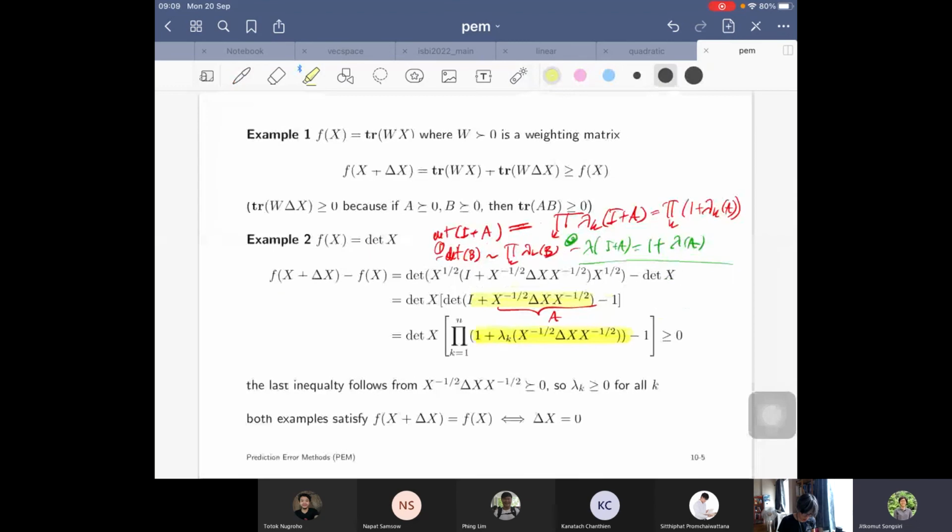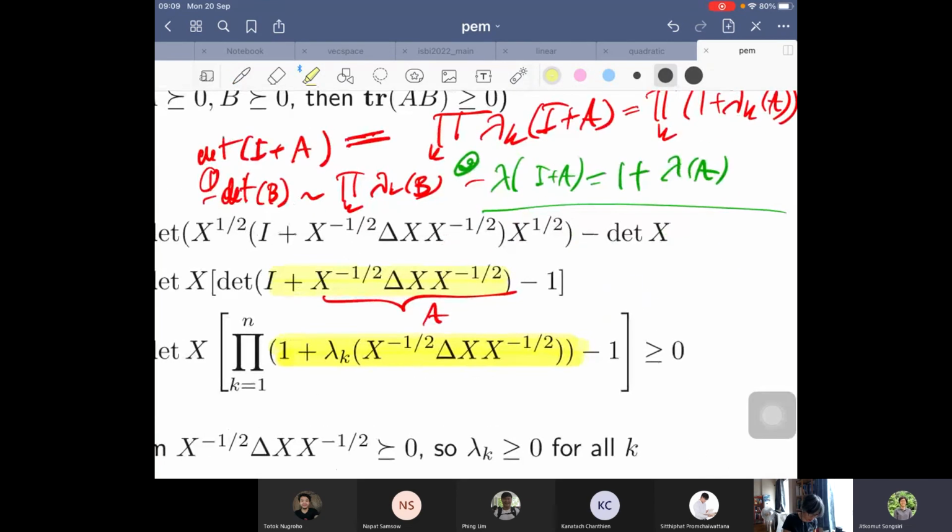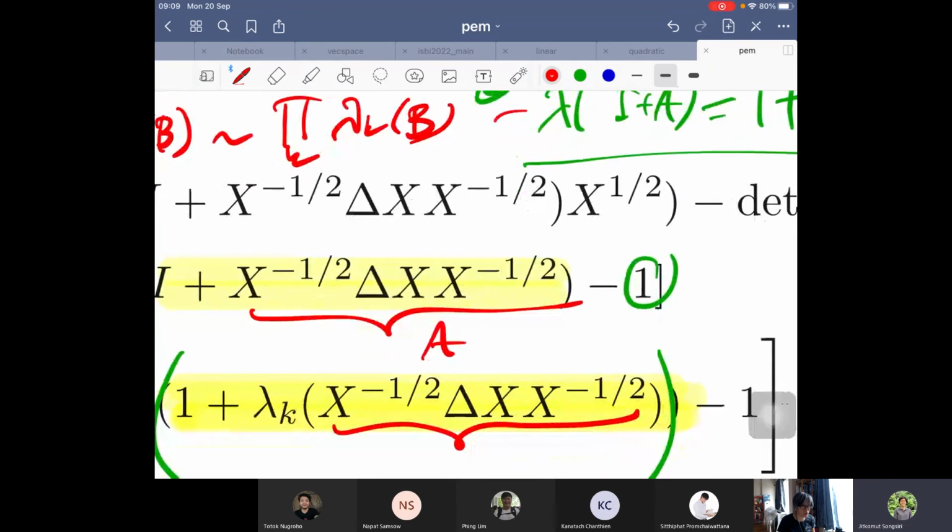Okay. Let's take a look at the term in the bracket closely. You have -1 here. Because of this matrix A, can you see the property of the matrix A? Can we say that A is non-negative? Yes. Why?